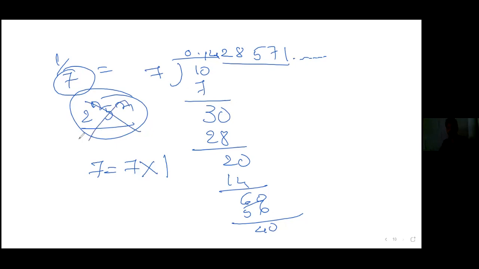So from this example, I can conclude that if the denominator is of the form 2 to the power n, 5 to the power m, then that decimal expansion surely terminates. Okay, that decimal expansion terminates for sure.